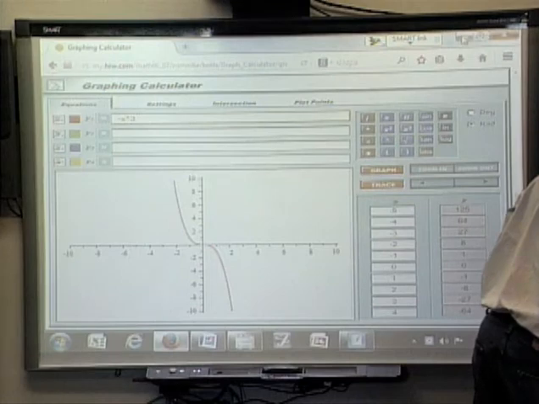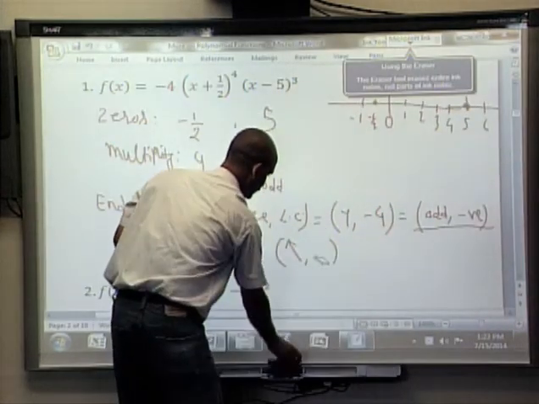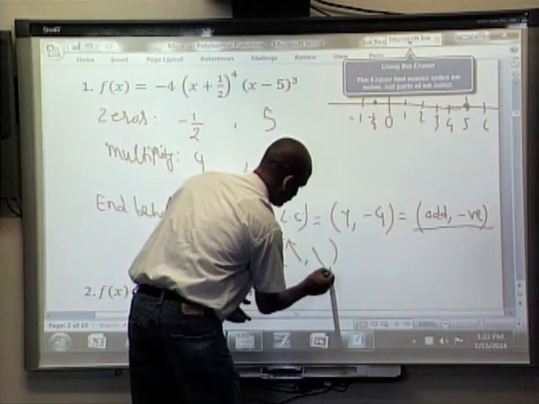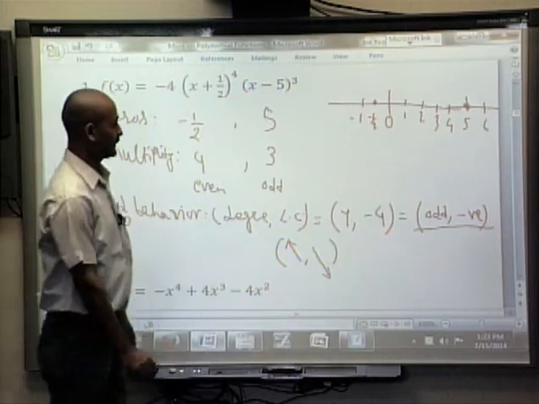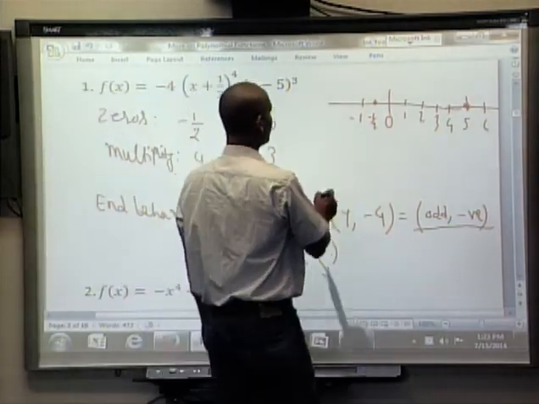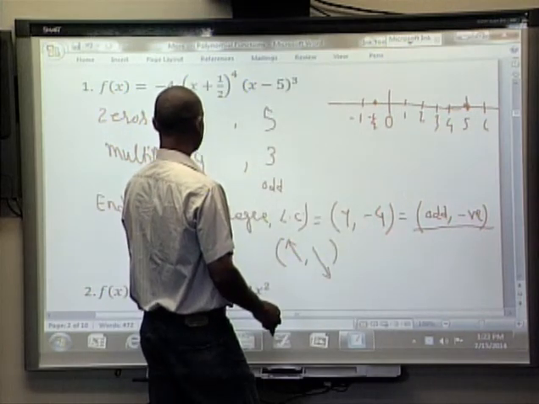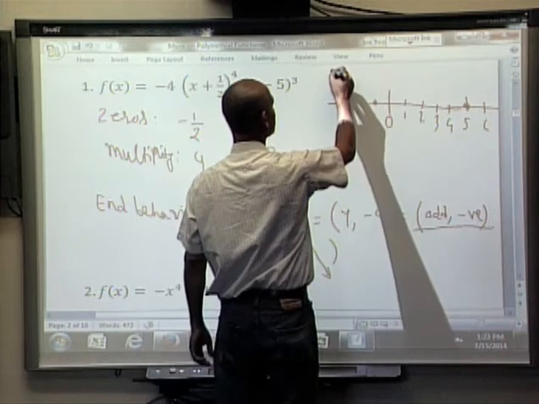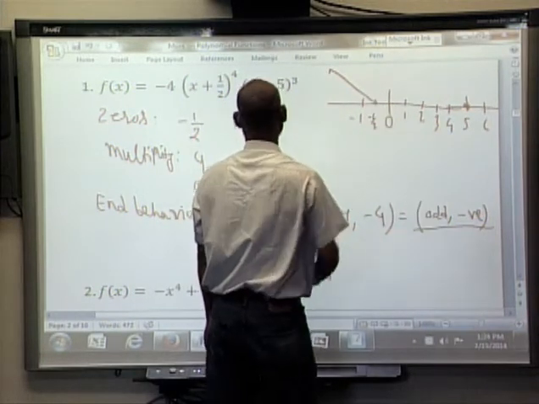So, the end behavior should look like this, coming from the positive infinity and going to the negative infinity. Now, if I want to sketch this graph, at negative 1 half it is even, the graph is coming from this way, it will come up to negative 1.